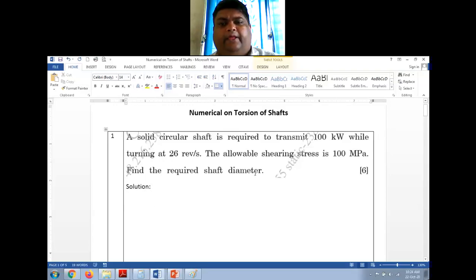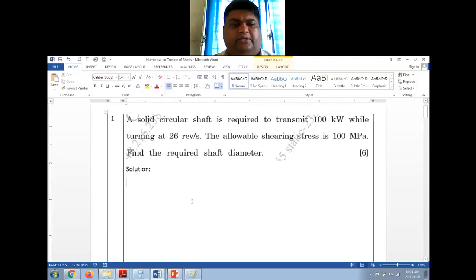Now the power transmitted is given as 100 kilowatt, right? And the turning speed is also given. So using this, I can find the torque that is transmitted, right? So we have the power transmitted by shaft.